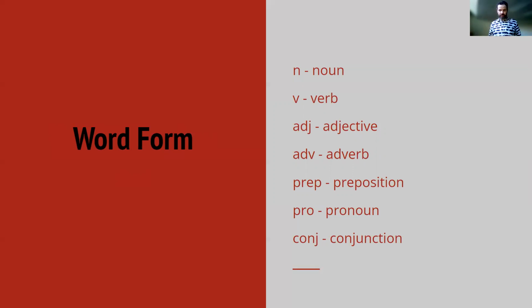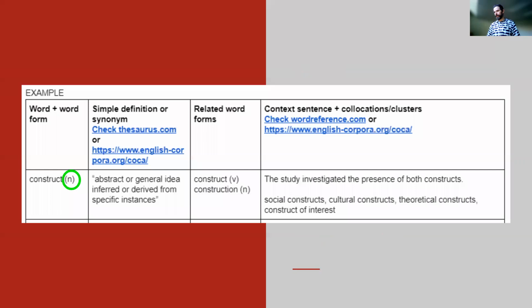There are other types of word forms in English, like prepositions, pronouns, and conjunctions, but these are a very limited group of words. And so you probably already know most of these words in English. But nouns, verbs, adjectives, and adverbs, these are enormous lists in English, and we are always adding new words to these groups. So most of the words that you will choose for your vocabulary log are likely to be nouns, verbs, adjectives, or adverbs.